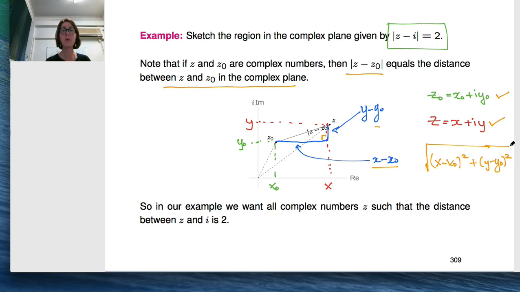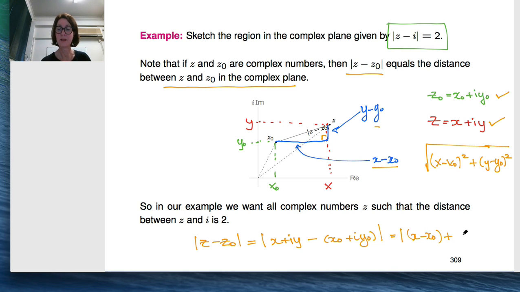And if you think about the modulus of z minus z naught, that's just equal to x plus iy minus (x naught plus i y naught), which is x minus x naught plus i times (y minus y naught).